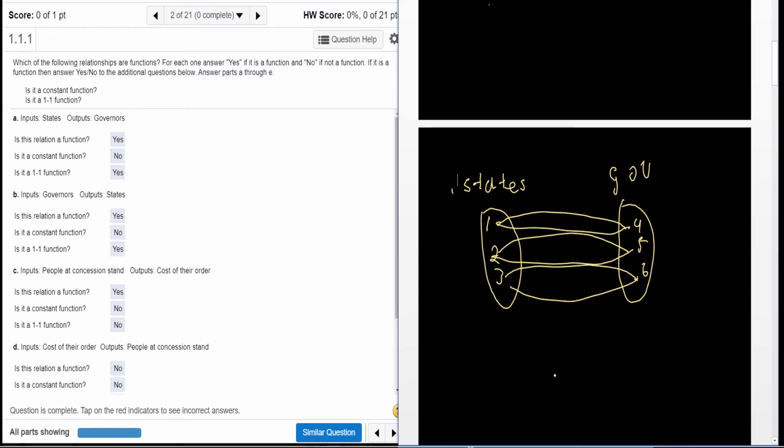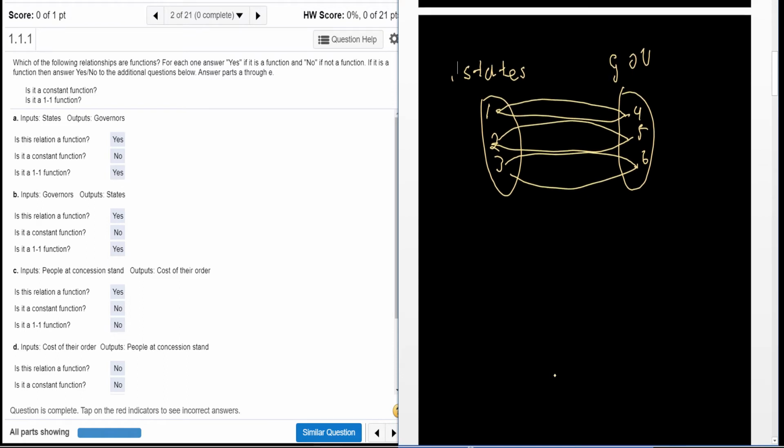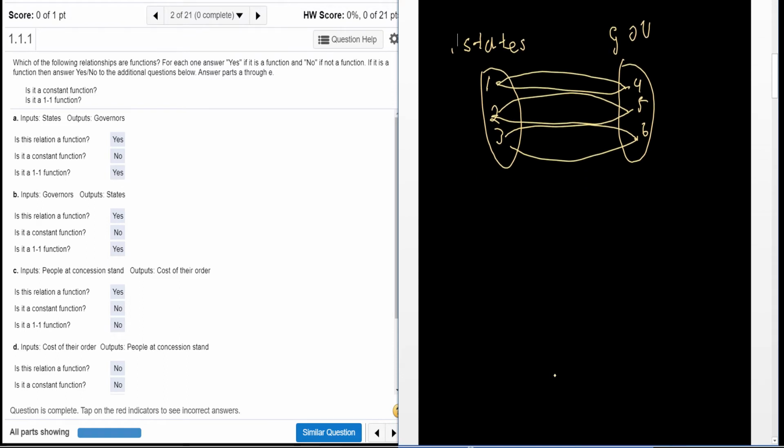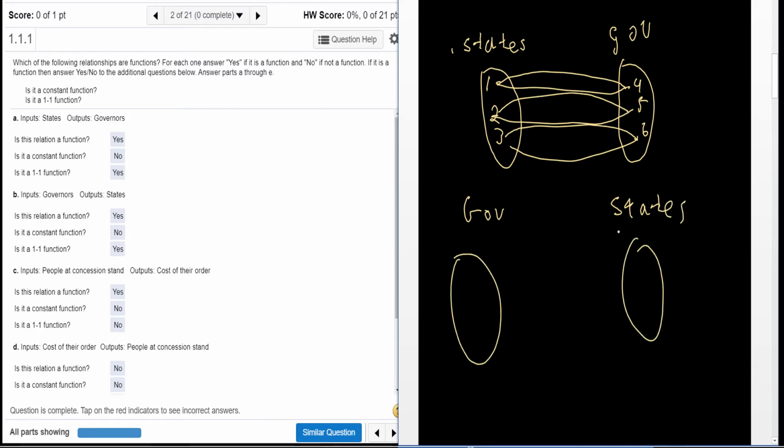So let's look at B now. They let the inputs be the governors and the outputs be the states. So if you look at this, we see that each governor has one state.